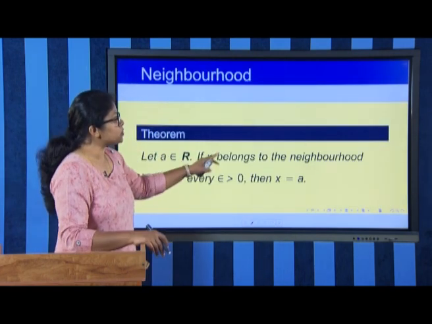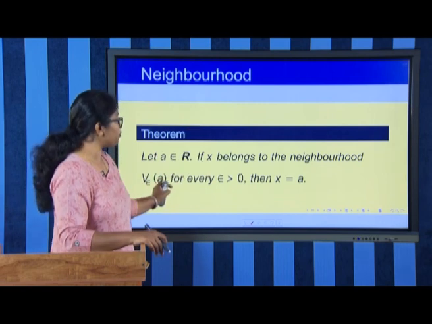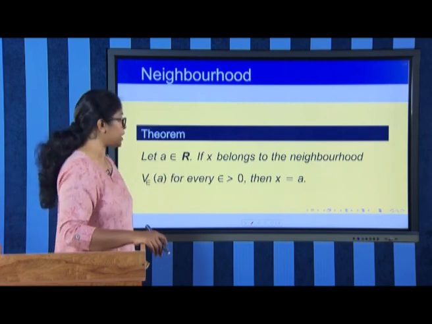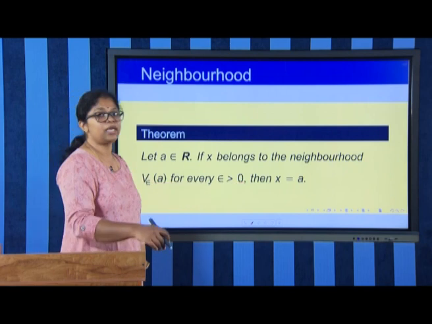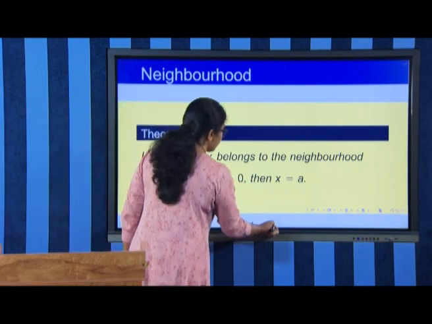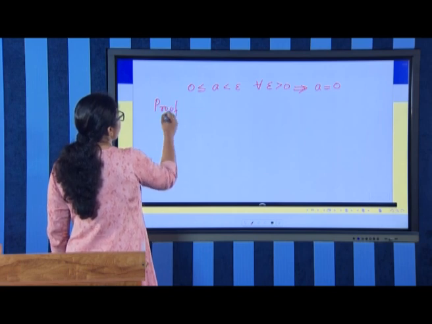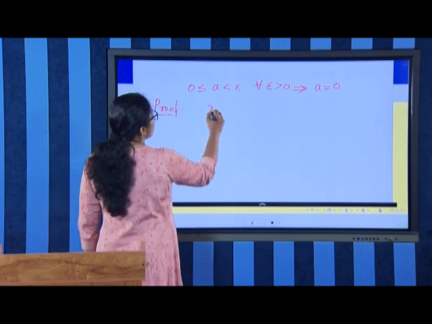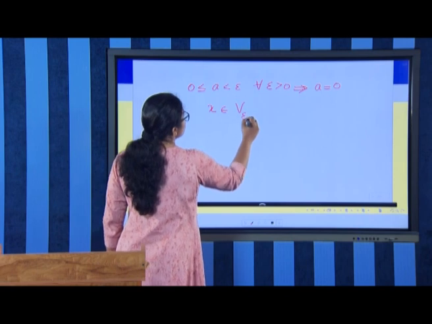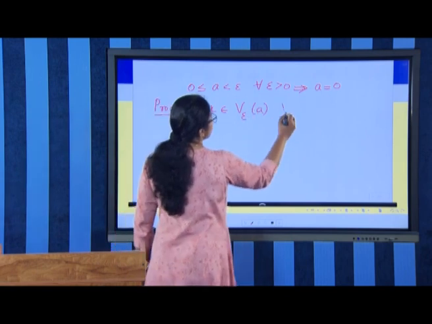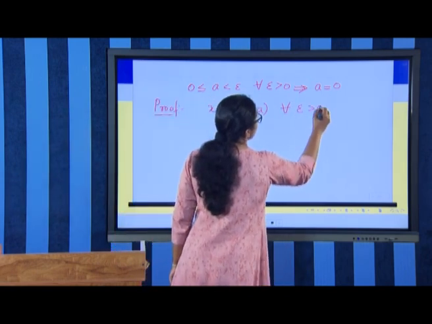If x belongs to the neighborhood V epsilon of A for every epsilon greater than 0, then x has to be equal to A. So, let us look at the proof of this. The proof is something like this. We are given x belongs to V epsilon of A for every epsilon greater than 0.